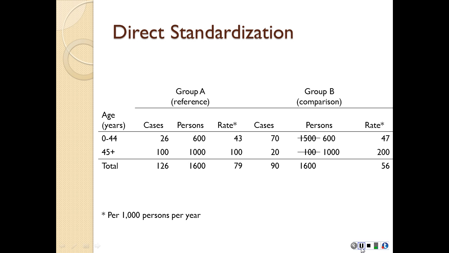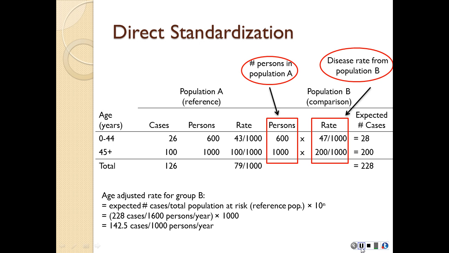This is where the mathematics comes in, this is why we're calling it adjustment. Instead of the real distribution, we say, okay, what if group B had 600 people that were under 44 and 1,000 people that were over 45? So we ignore the fact that in reality this is the number of people that population B has, and we say, okay, we're going to make population B look like population A. We now have to convert based on the rate.